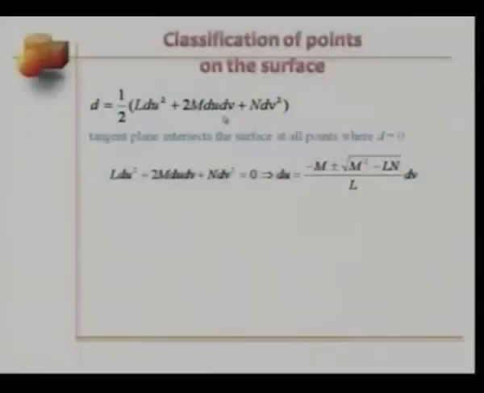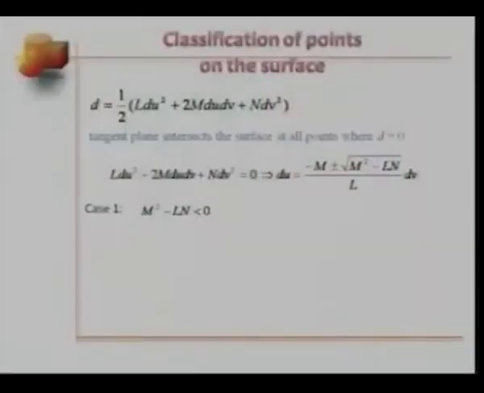So we had L du squared plus 2m du dv plus n dv squared equals 0, and that gave us the expression for du in terms of dv and the three coefficients L, m and n corresponding to the second fundamental matrix D. So we had du equals minus m plus minus the square root of m squared minus ln over L.